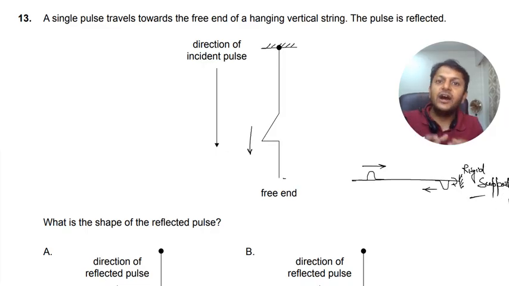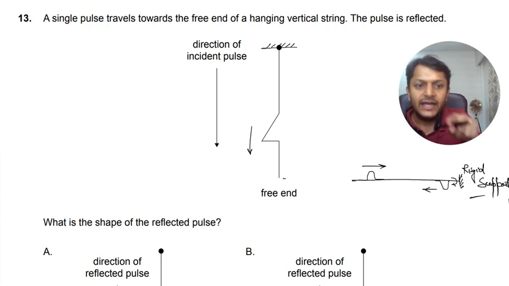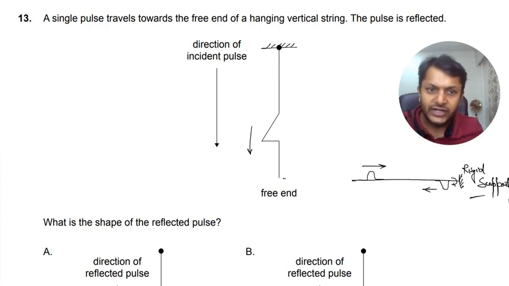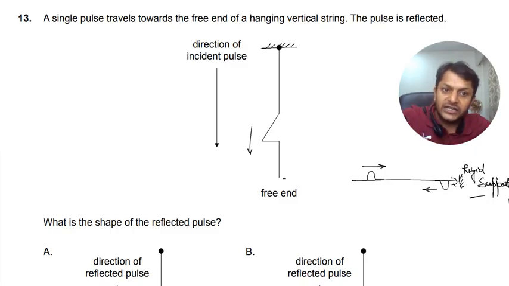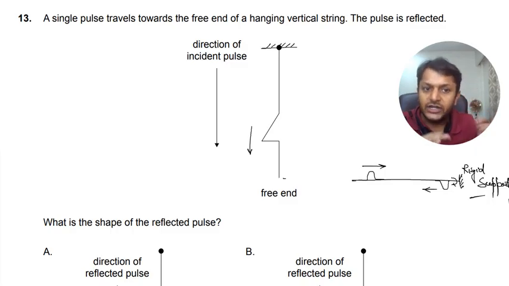In layman's terms we can say that it is getting inverted, but from the physics point of view we call it a phase shift of pi. So it is getting reflected, but a phase shift of pi has taken place, and so the wave is now inverted and going back.